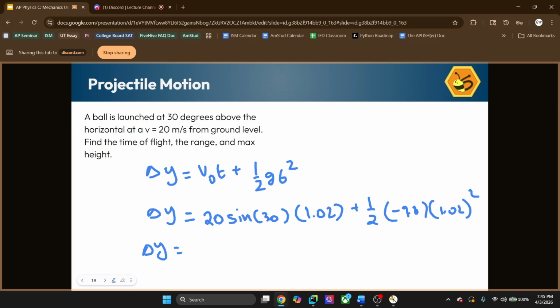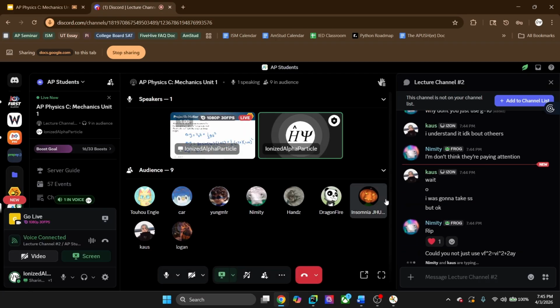Once you plug that into the calculator, you get that delta y is 5.1. So that's the max height. I hope that made sense. Do y'all have any questions?